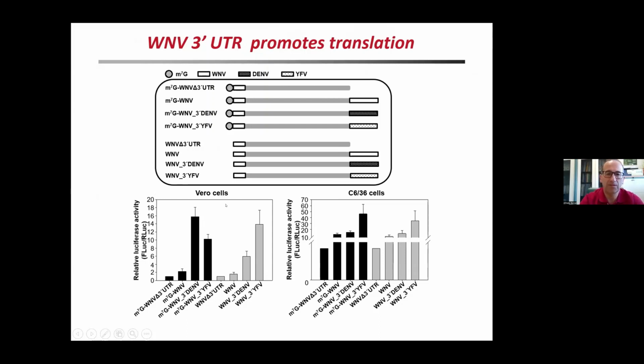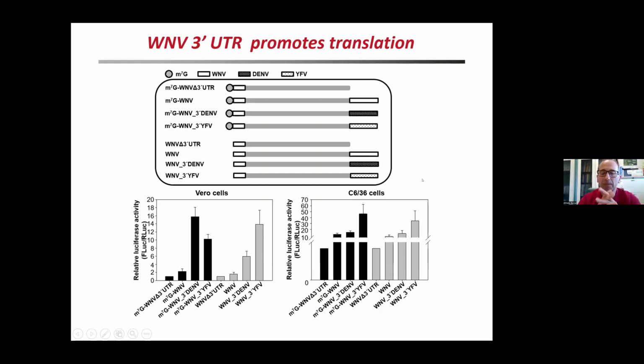As you can see in these figures, both in mammalian cells and in mosquito cells, the presence of the dengue 3' UTR or the yellow fever 3' UTR results in an enhancement of translation much higher than the one produced by the West Nile virus.